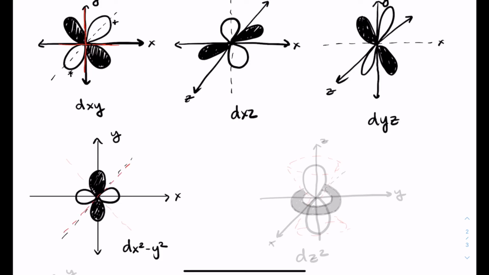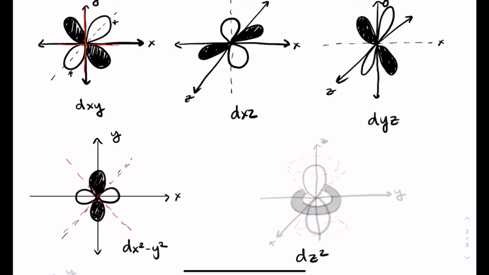What it looks like is it has a lobe pointing along the z-axis in the positive direction, one pointing in the negative direction, and then it has like a donut around it, or like an inner tube around it. So that's the shape.